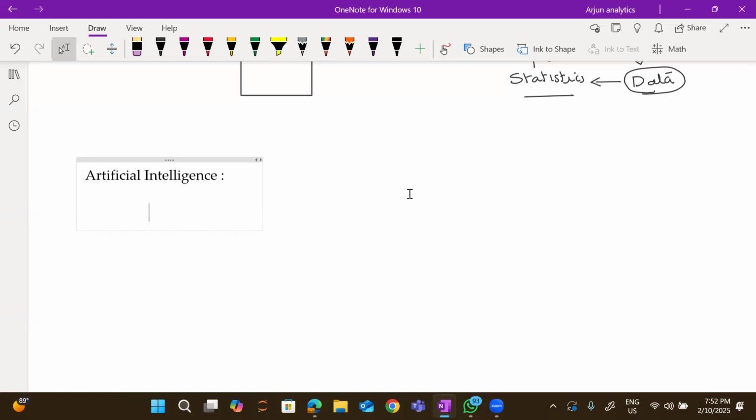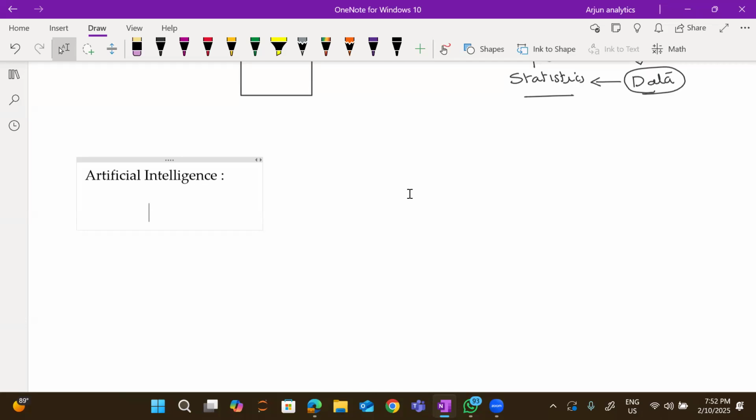It is a process of designing or developing intelligent machines which can simulate human intelligence, which can show human intelligence, or which can behave like humans.